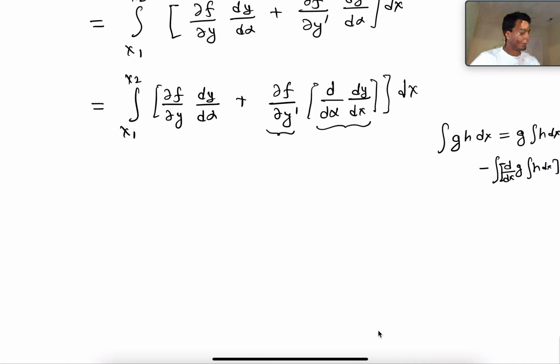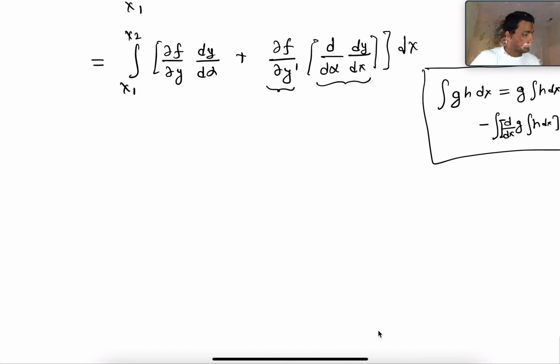Okay, so this is the formula for integration by parts. So what we will do here is we'll take del f by del y prime as our first function g and the second function as h. So let's do that, and let's calculate the integral.